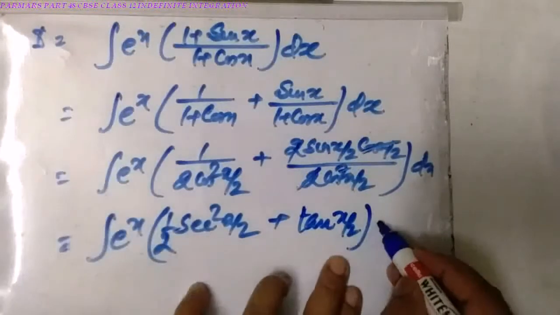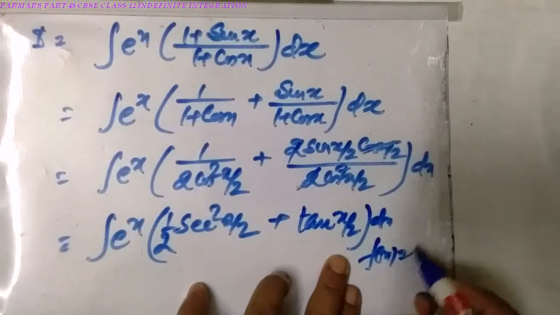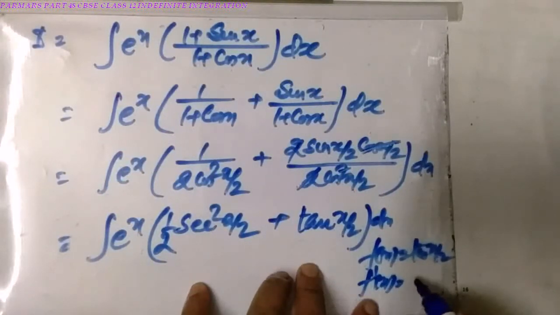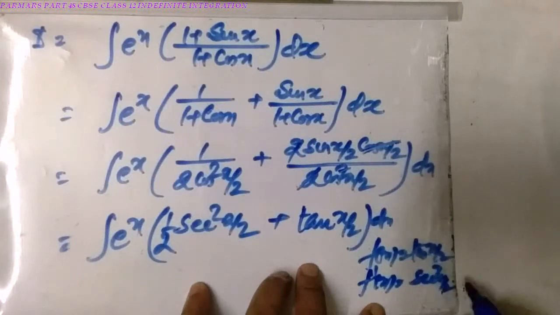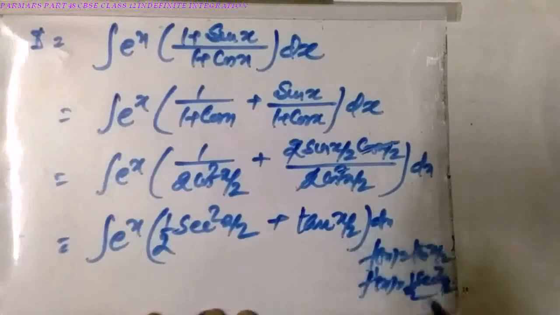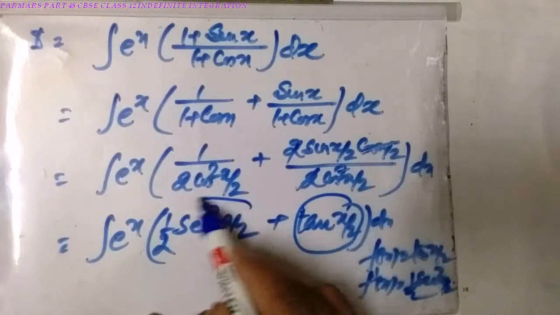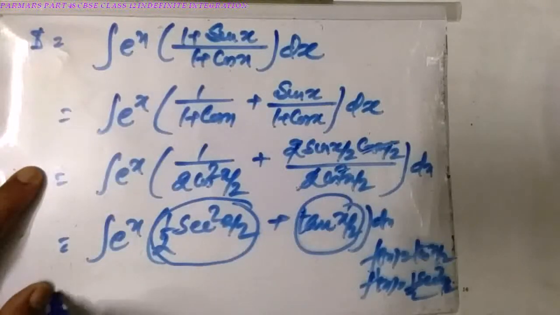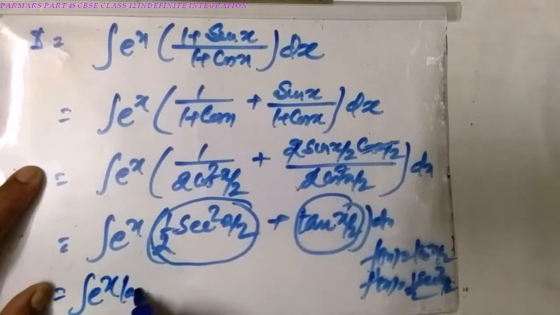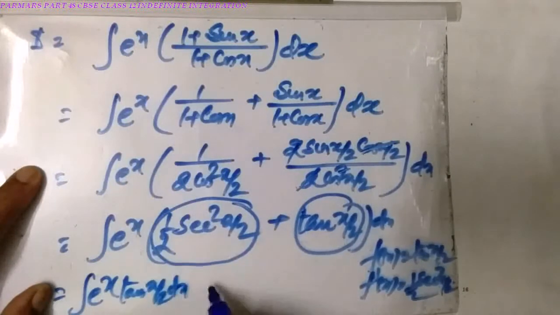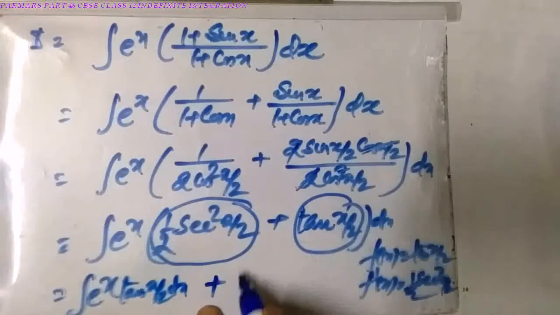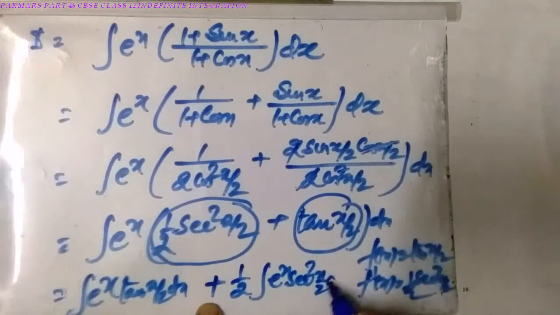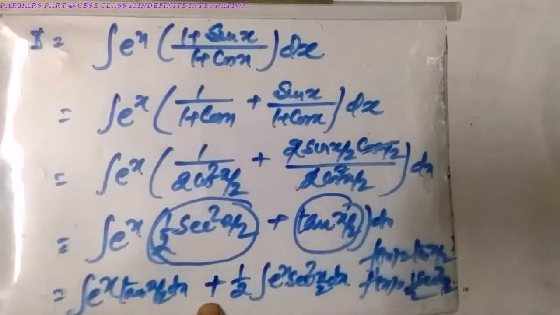So here in this case f(x) is tan(x/2), then its derivative f'(x) is sec^2(x/2), and then the derivative of x/2 gives 1/2. So this one is f(x) and this whole is f'(x). So what will we do in the next step is integrate this part, and this part, which is half the integration of e^x sec^2(x/2) dx, we will carry forward.